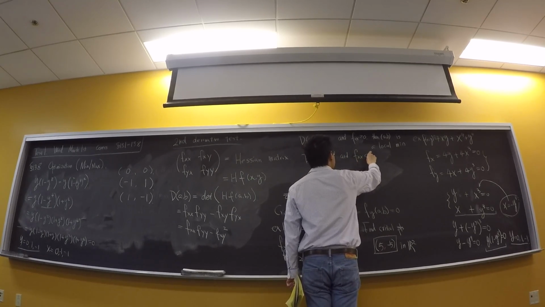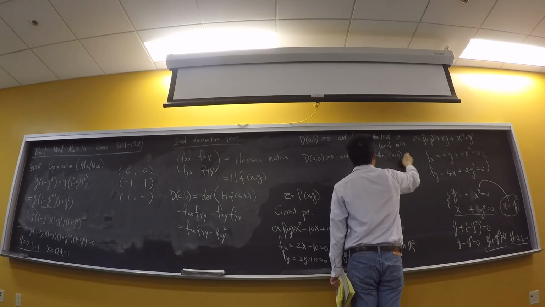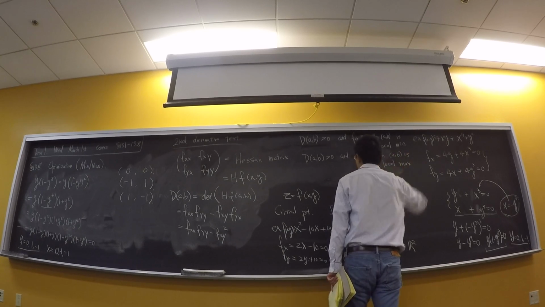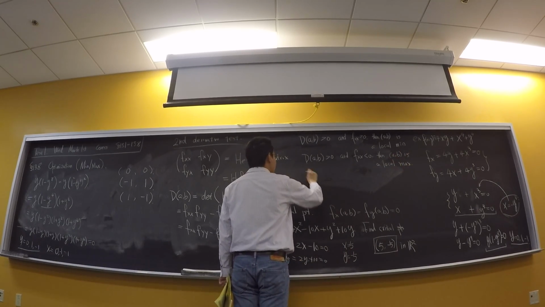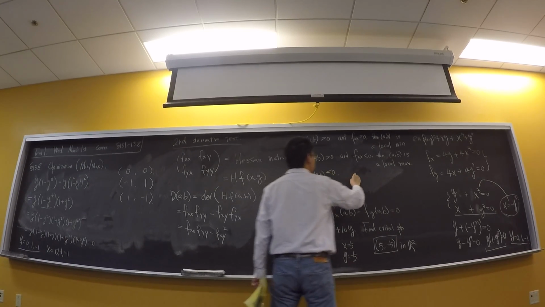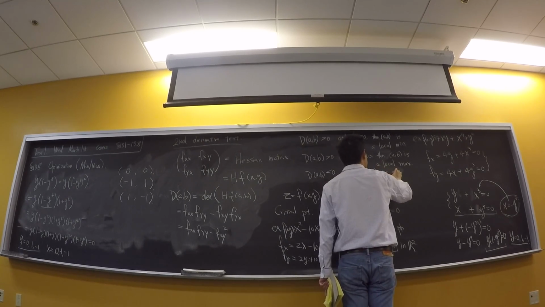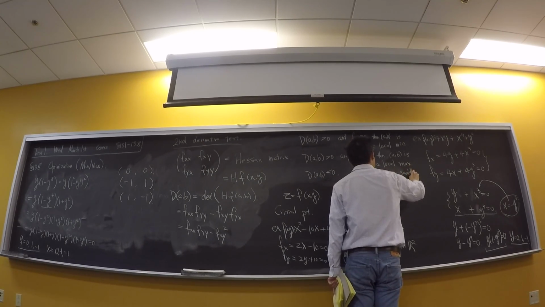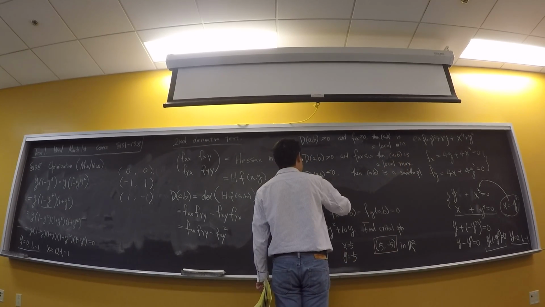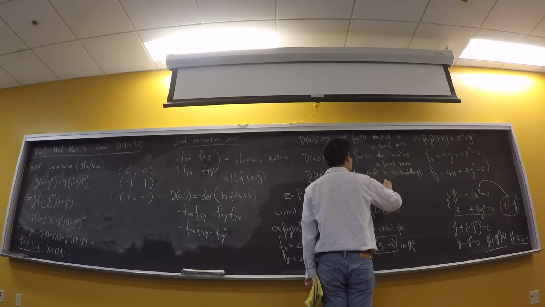If D of AB is greater than 0 and Fxx is less than 0, then AB is a local maximum. If D of AB is less than 0, then AB is a saddle point. And last, if D of AB vanishes, then it is inconclusive.